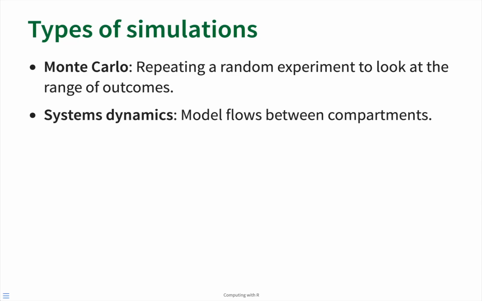Another category of model are called systems dynamics models. In these, we tend to model parts of the system as compartments or buckets, and then allow quantities to flow between those buckets.